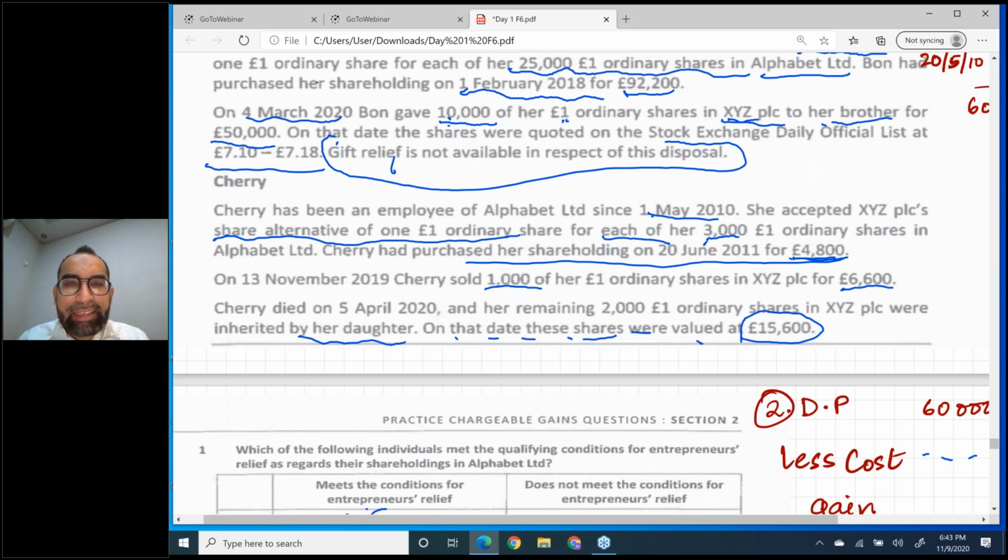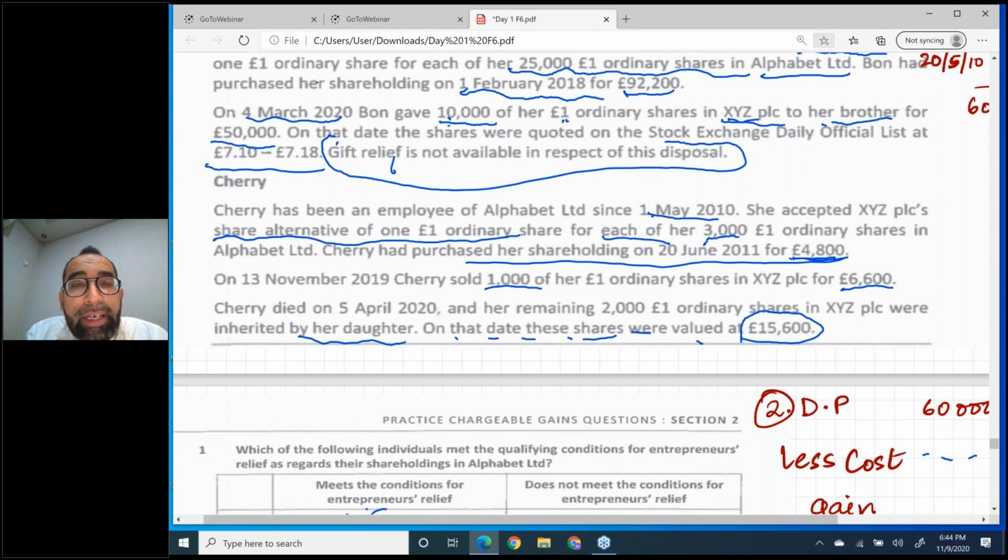At the time of death, there is no CGT, so forget about CGT, and the market value of these 2000 shares at the date of Cherry's death is 15,600, and exactly this 15,600 is the base cost of shares for daughter.